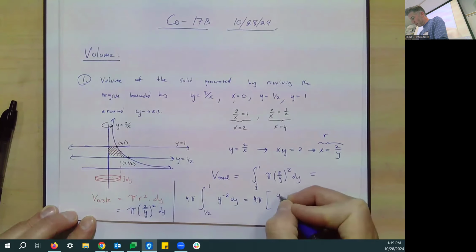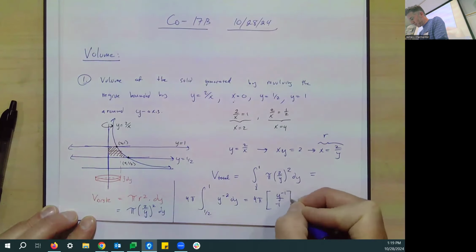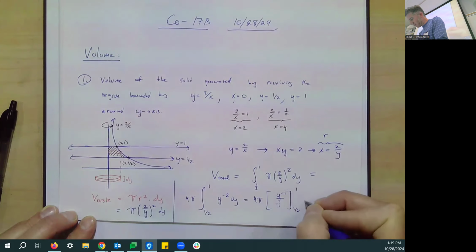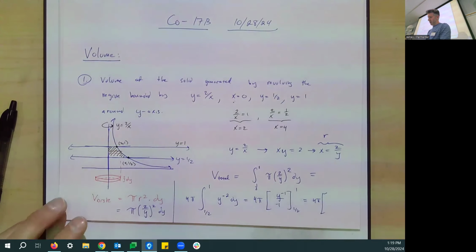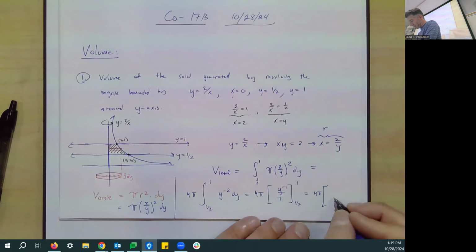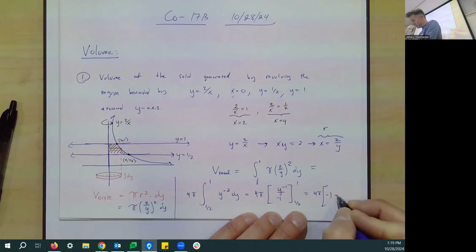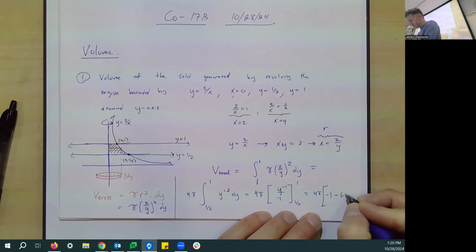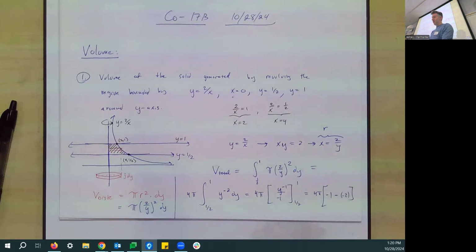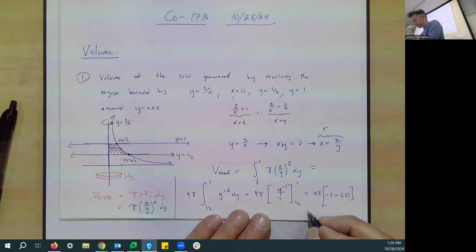We get y to the negative first over negative 1 from 1/2 to 1. We plug in and we get 1 to the negative 1 over negative 1, which is negative 1, minus 1/2 to the negative 1, which is 2 over negative 1, which is minus 2. So we get 4 pi times 1, which is 4 pi.